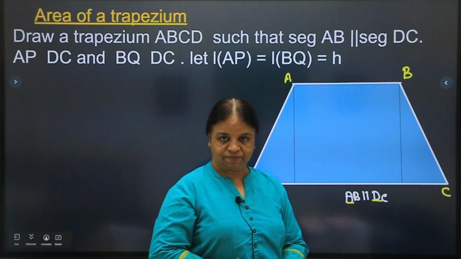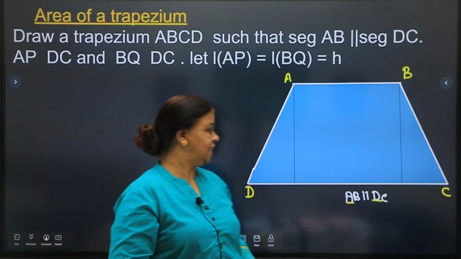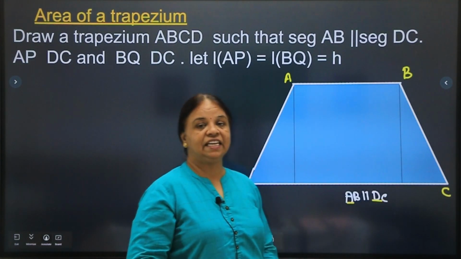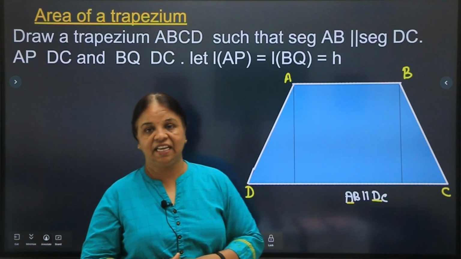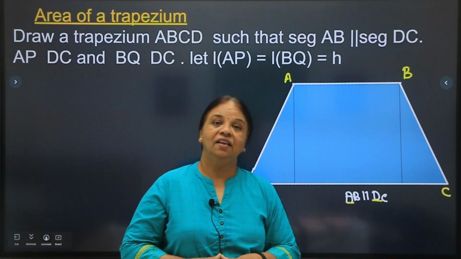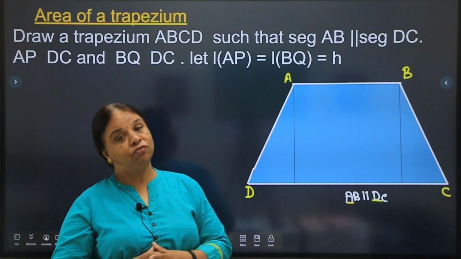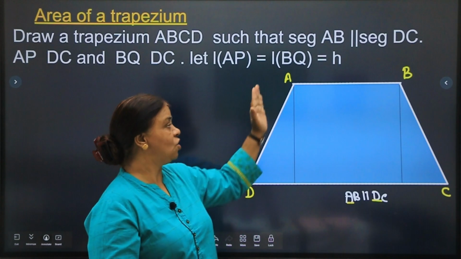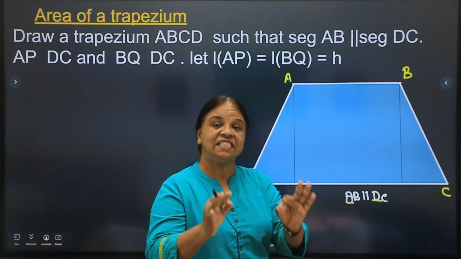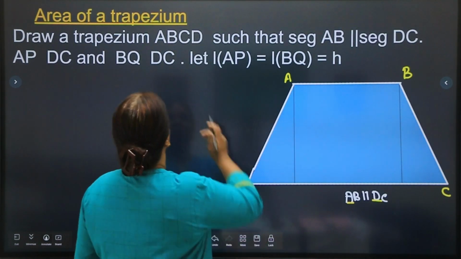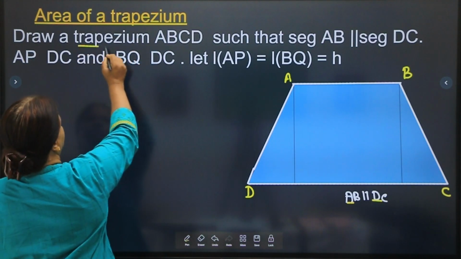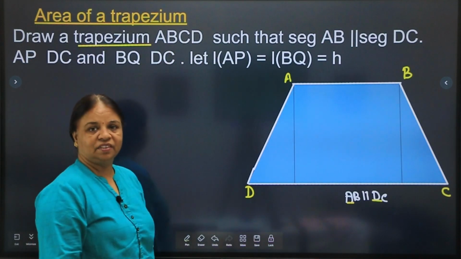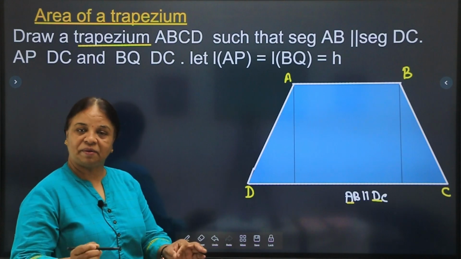AB is one side, BC is one side, DC is another side and AD is another side. That means there are four sides, and out of four sides, two sides are parallel and the other two sides are not parallel, then it is nothing but a trapezium.